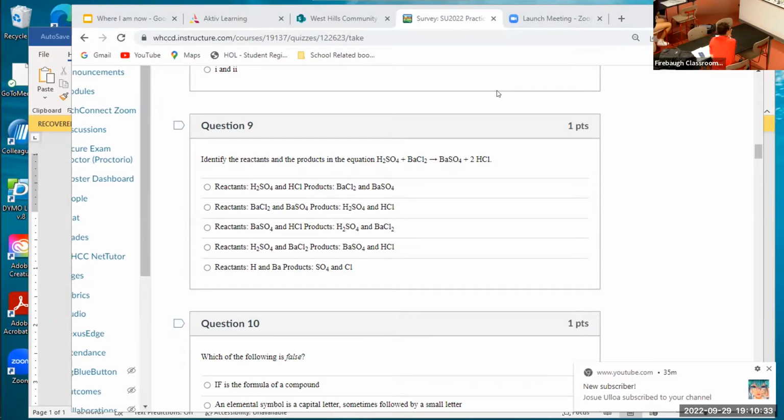Reactants, BaCl and BaSO4? No. The third one, BaSO4 and HCl? No. No. The fourth one, H2SO4 and BaCl? Okay.